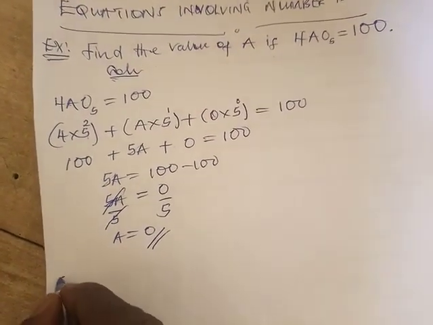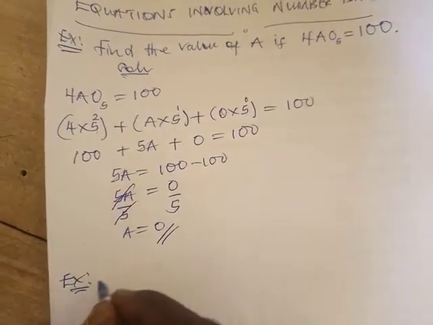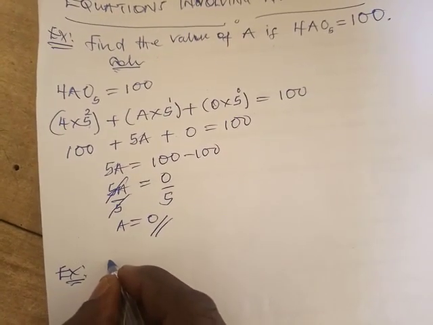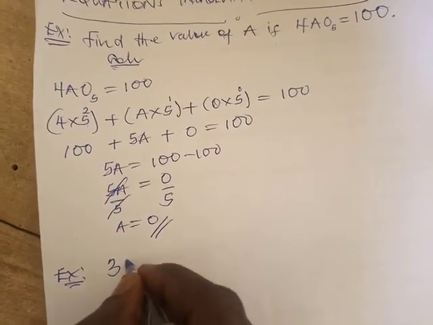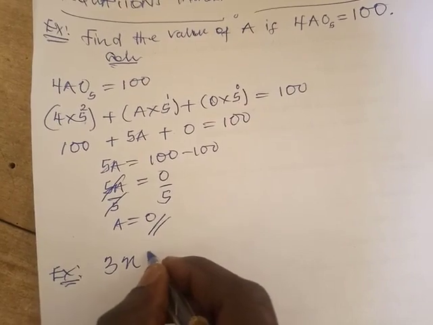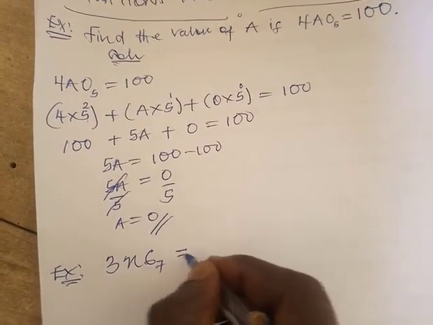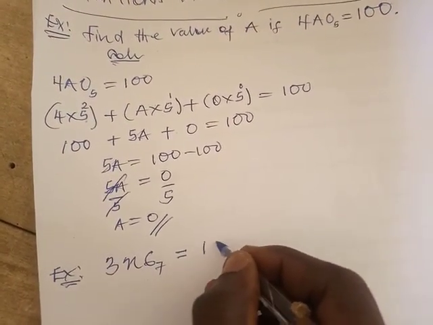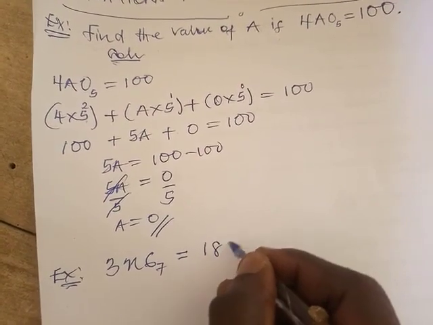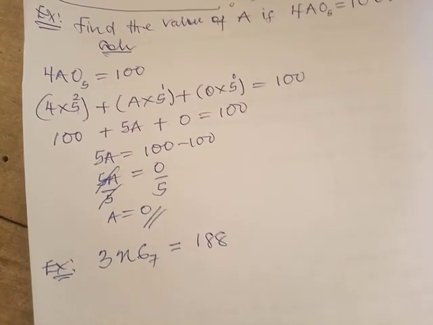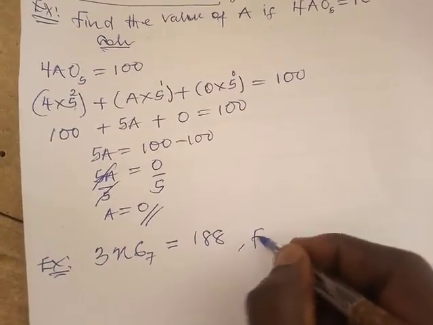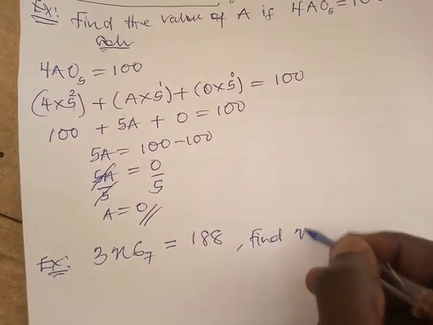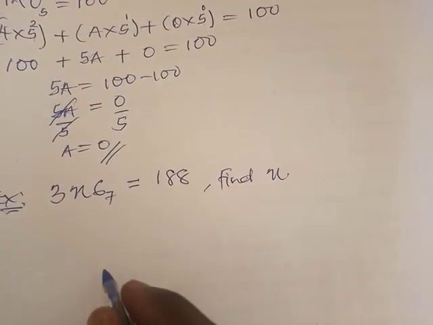Let's take the next example. Let's say 3x6 base 7 equals, let's say, 188. So you are going to find x. So let's see what happens.